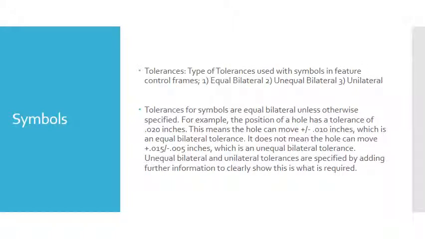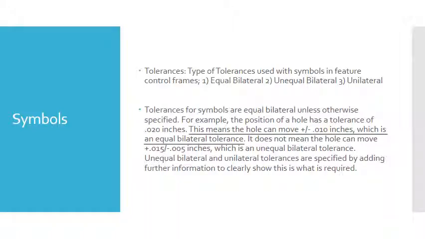Let us talk about symbols. The types of tolerances used with symbols in feature control frames are equal bilateral, unequal bilateral and unilateral. Tolerances for symbols are equal bilateral unless otherwise specified. For example, the position of a hole has a tolerance of 0.020 inches.